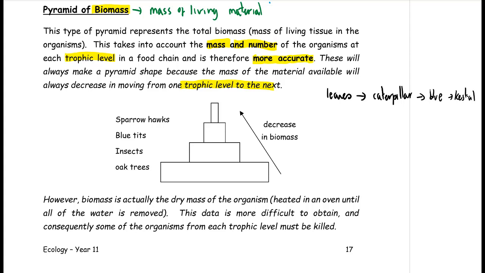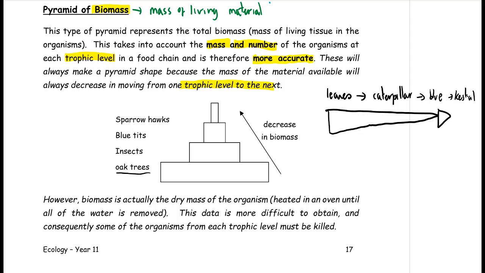One of the things that we had talked about was as you go along the food chain, the amount of energy decreases. So it makes sense then, if the amount of energy decreases, then the mass of material available at the next level is always going to decrease. So if you look at this pyramid of biomass, at the bottom we've got oak trees, which clearly have a massive mass.